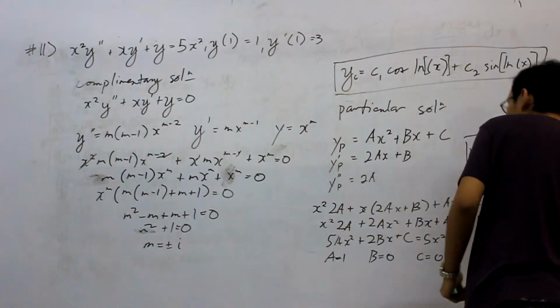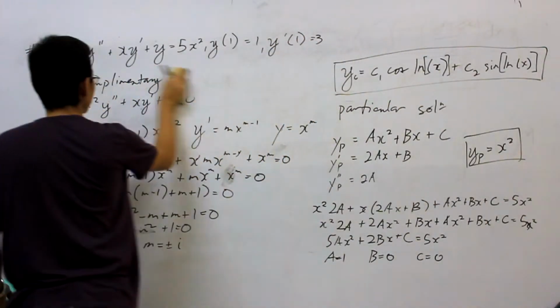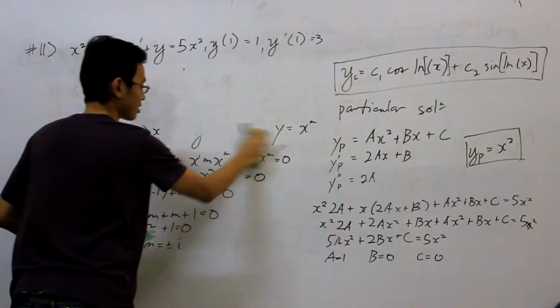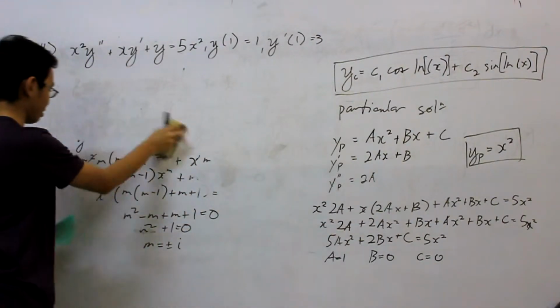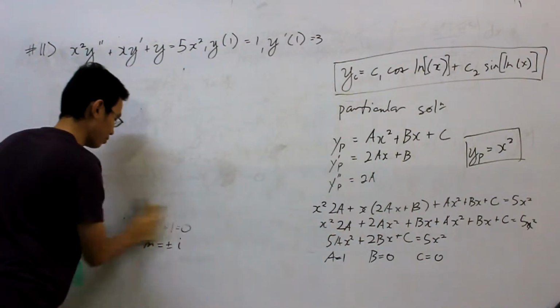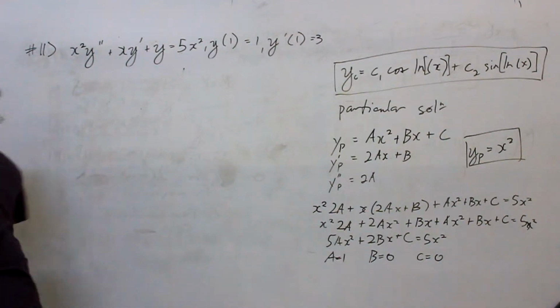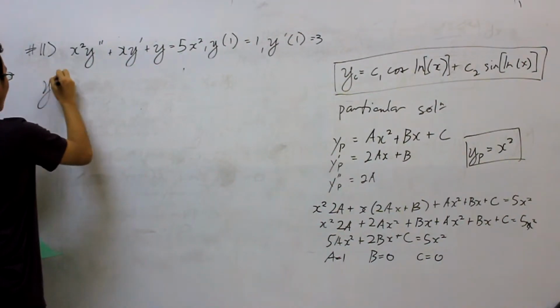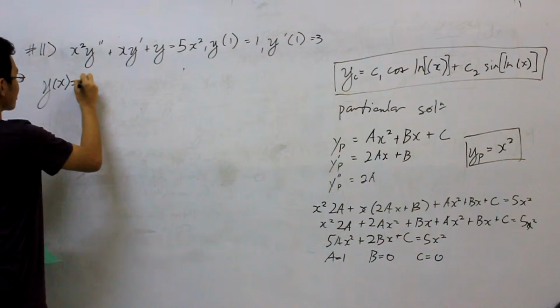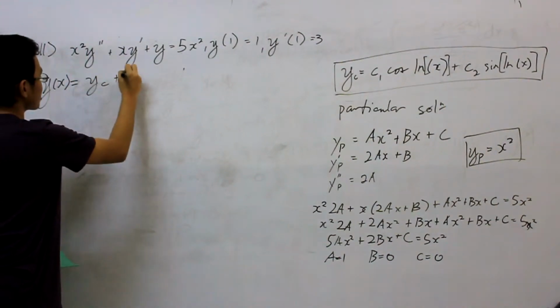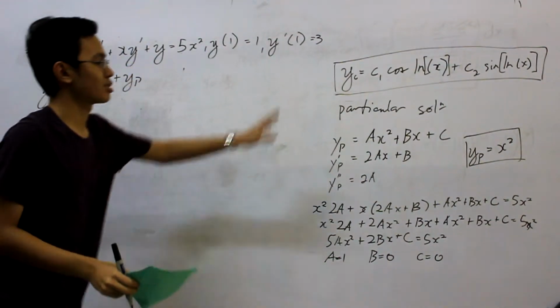So now we can get the value of y of x. How do we do that? Well, y of x is just equal to y sub c plus y sub p, so we can just add those two.